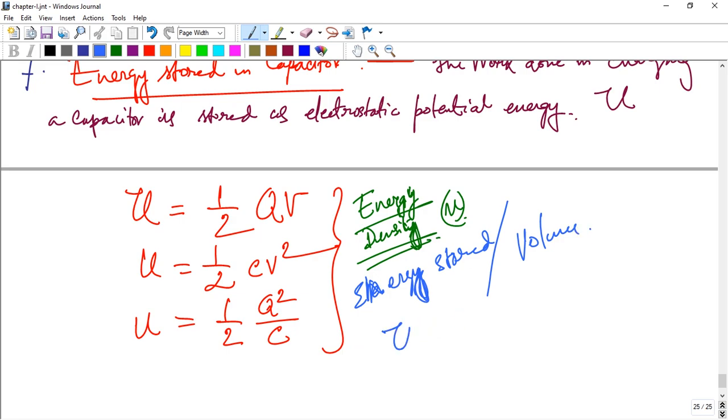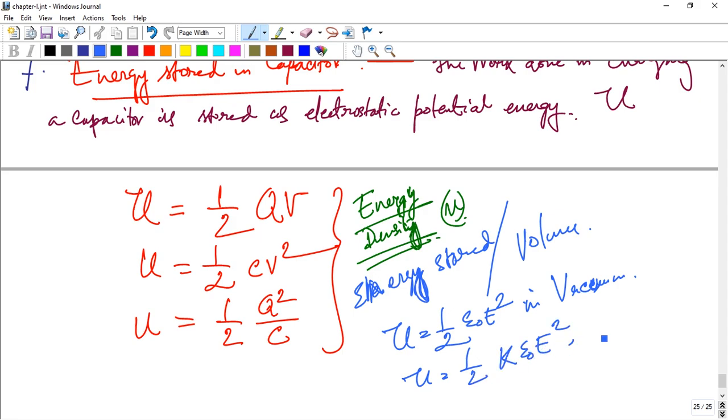So U equals 1 by 2 epsilon naught E square in case of vacuum, and in dielectric it is half K epsilon naught E square. So there are two forms here, in vacuum and in dielectric.